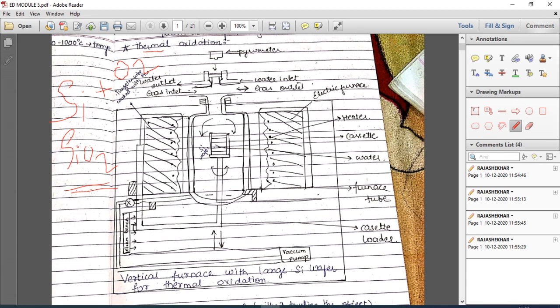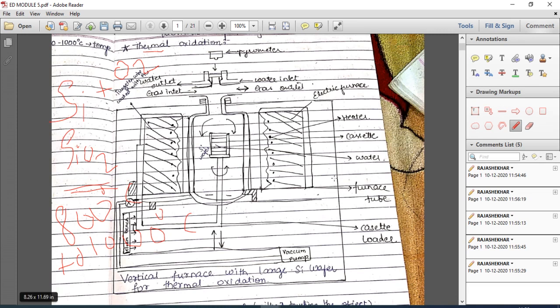This chemical process is performed at a high temperature, around 800 degrees Celsius to 1000 degrees Celsius. To perform this thermal oxidation we need a particular furnace which can perform this operation.